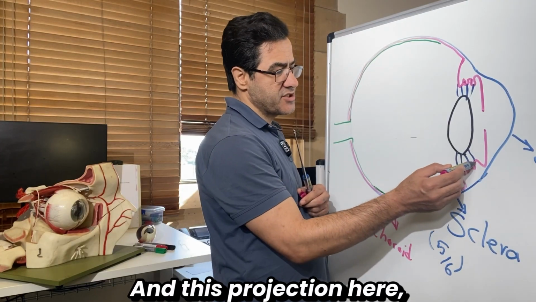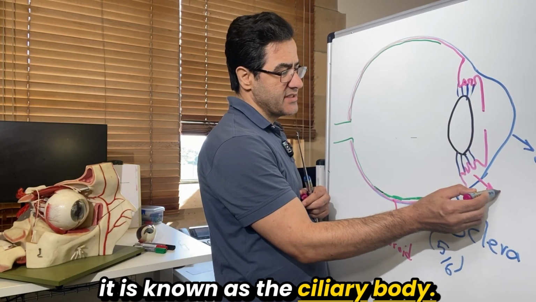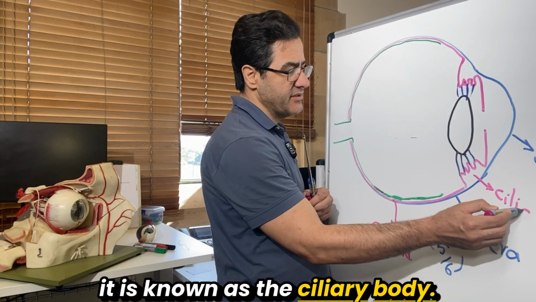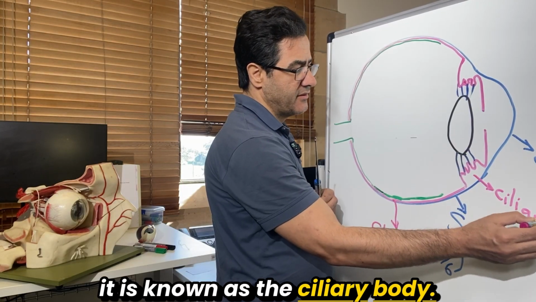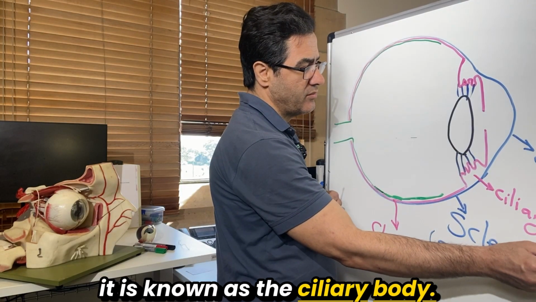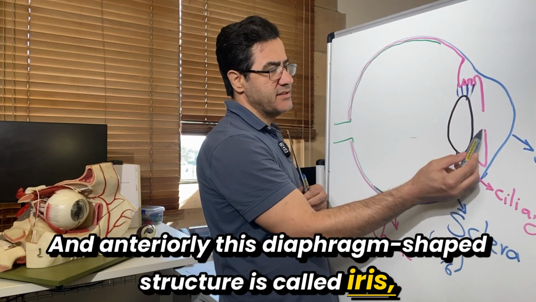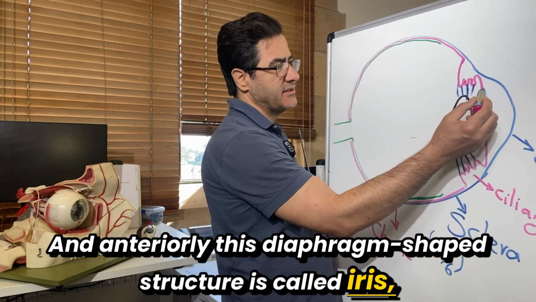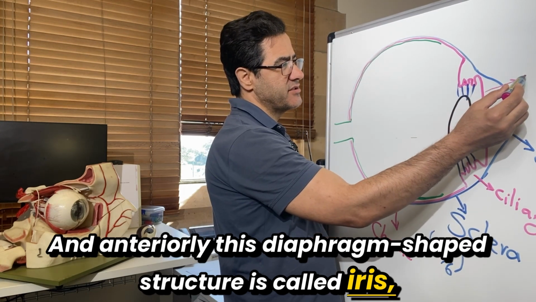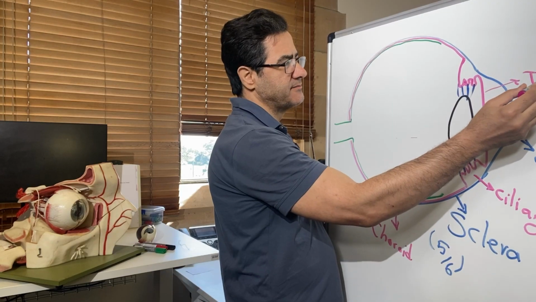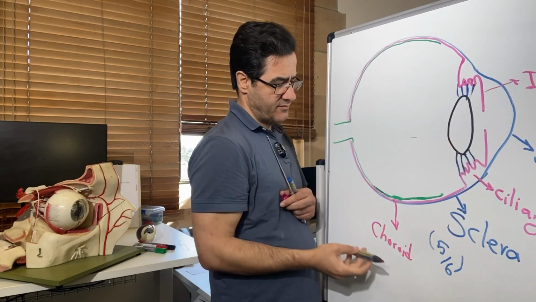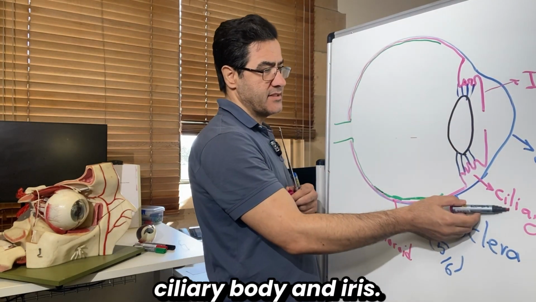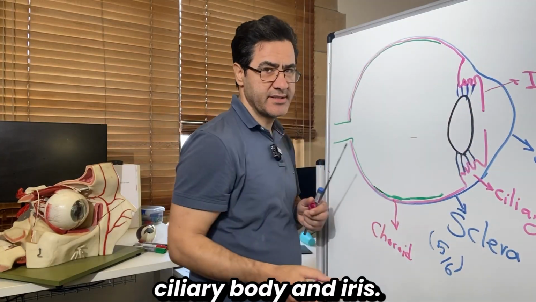This projection here is known as the ciliary body, and anteriorly this diaphragm-shaped structure is called the iris. Choroid, ciliary body, and iris.